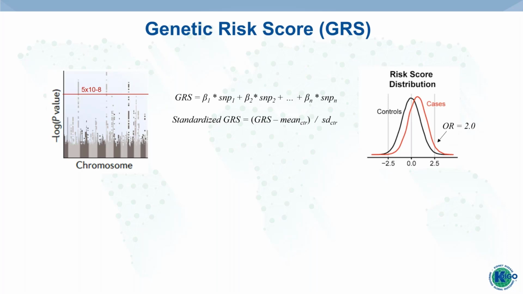And based on these distributions, a certain threshold can be selected for estimation of the risk. So as an example here, the z-score of 2.5 translates into the tail odds ratio of roughly 2, so 2-fold increased risk for individuals that are in the upper tail of the risk score distribution with z-score over 2.5.